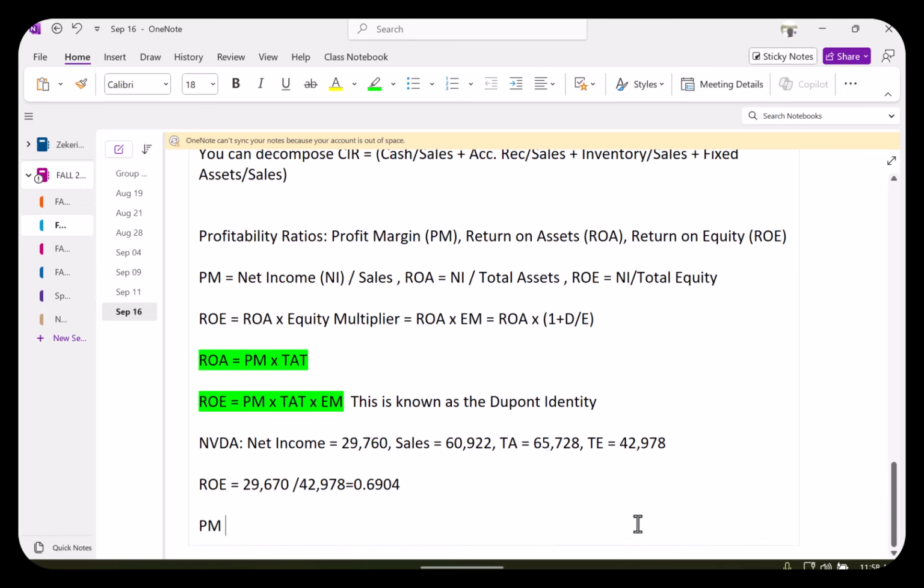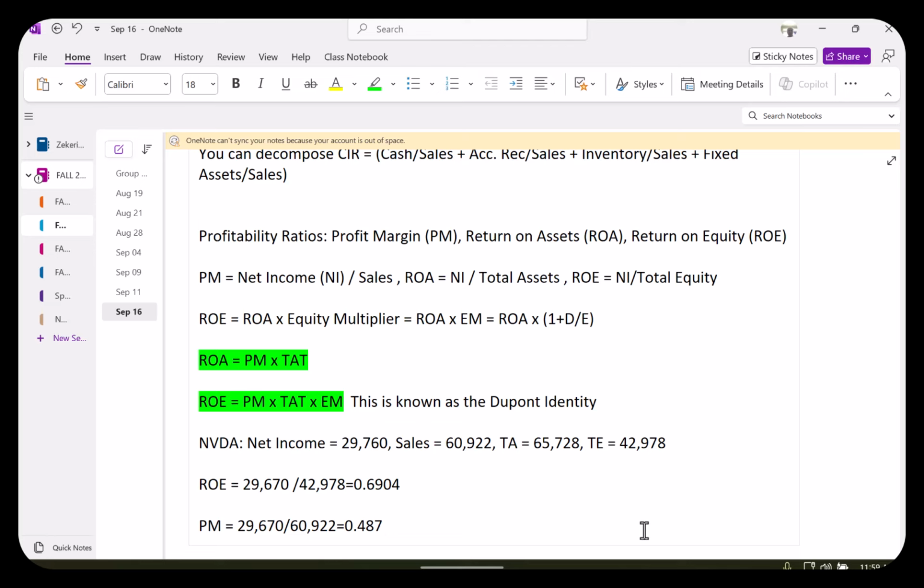So let's get PM. 29,670 divided by sales, which is 60,922. That's almost 49%. So a big component comes from there.